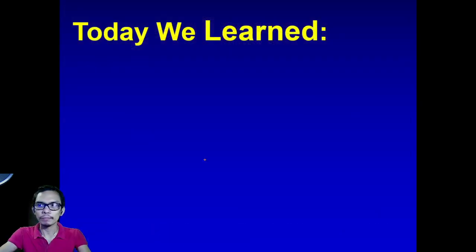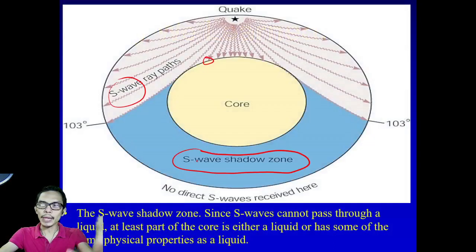So, next one. And aside from this one, we can also use seismic waves in determining the oil deposits underground. We can use the seismic waves in determining the oil deposits underground, because S-wave cannot travel through liquid. Oil deposits are in a form of liquid material.